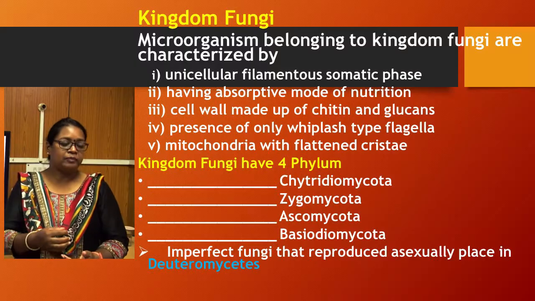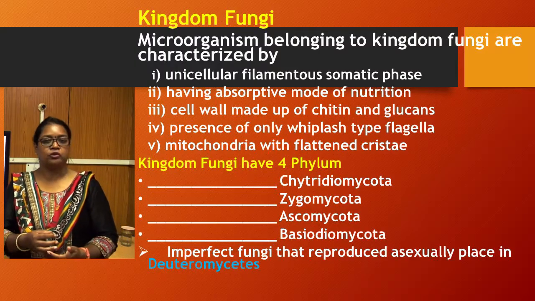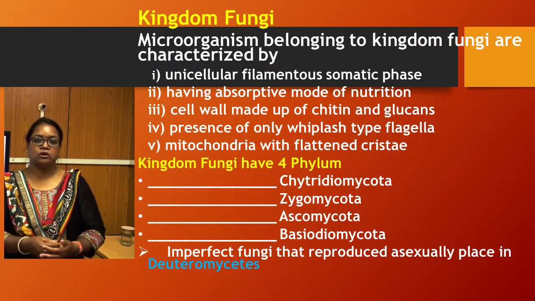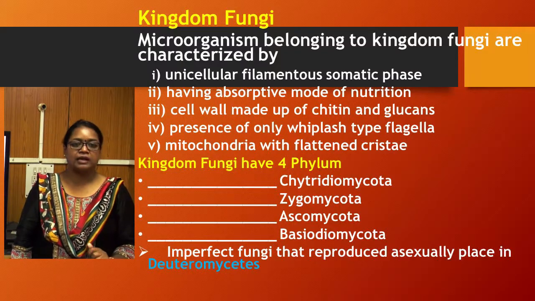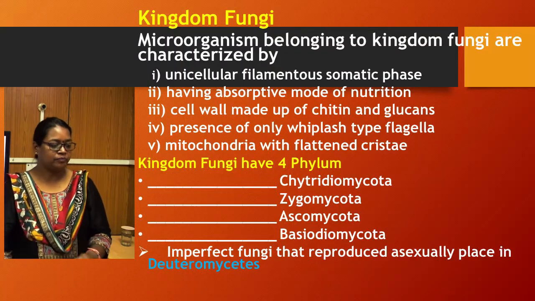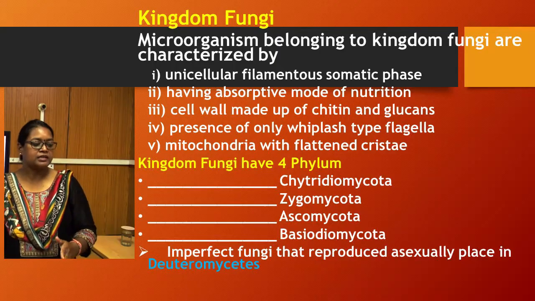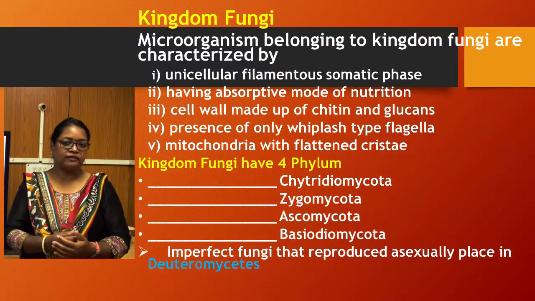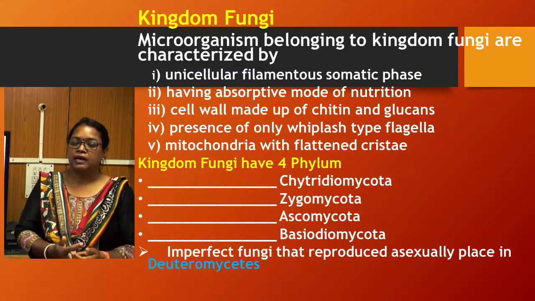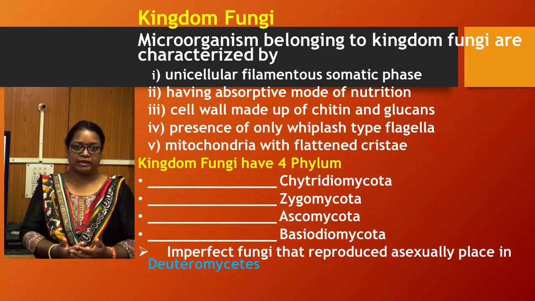They have whiplash type of flagella for locomotion and mitochondria with flattened cristae. This kingdom is again divided into four phyla. First phylum is Chytridiomycota, second is Zygomycota, third phylum is Ascomycota, and fourth phylum is Basidiomycota.